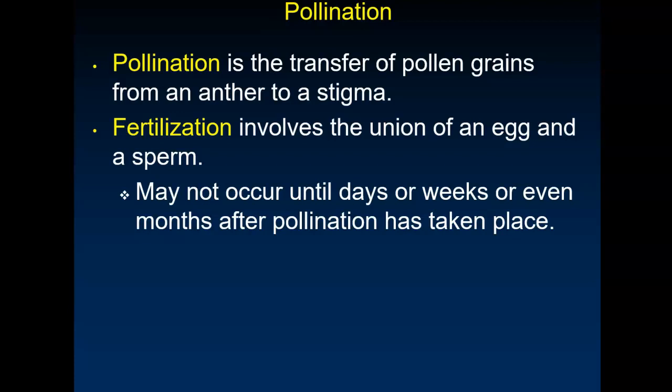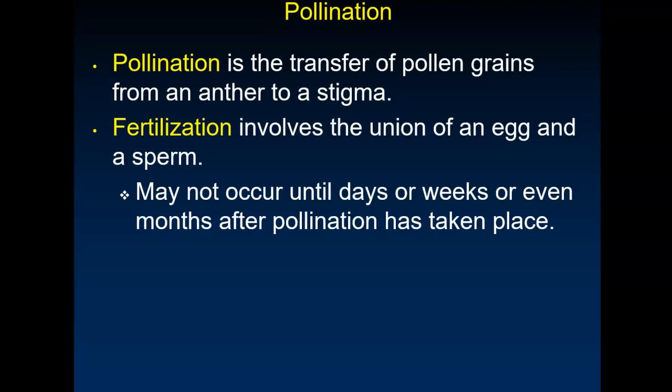The length of time from the first event to the second depends on the size of the flower generally. It can be just a few days if it's a very tiny little flower, or it could be several weeks or even months if it's a very large flower. That was one of the criticisms I had when I watched the David Attenborough video: he would say the flower's been fertilized when a pollinator visited.